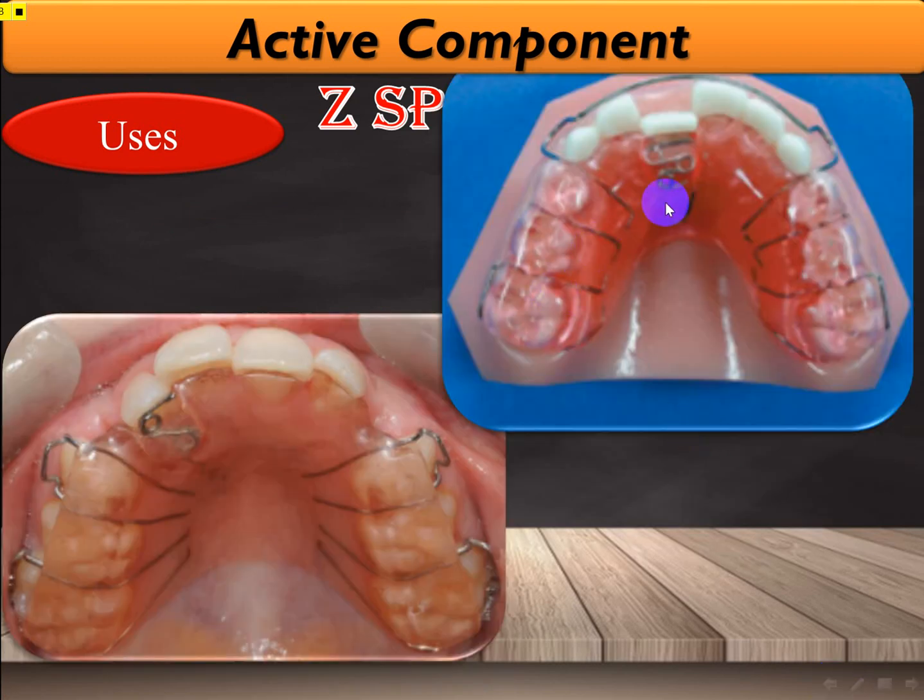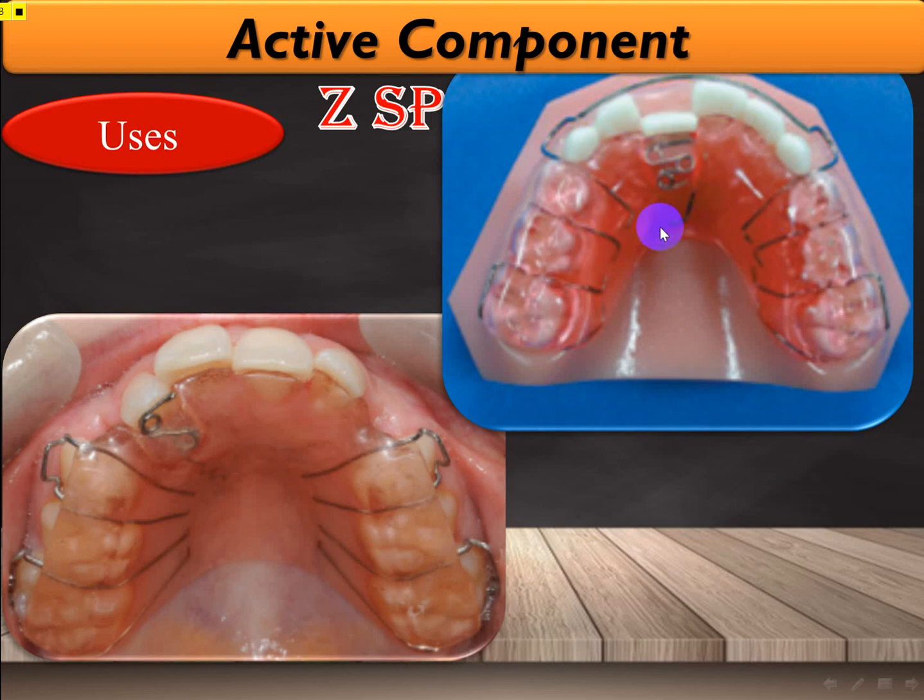In this case, the removable appliance consists of the active component, the Z spring; the retentive component, Adam clasp on the upper sixes; and Hawley arch, which will give us slight anterior retention and keep the tooth within the line of occlusion after its correction.